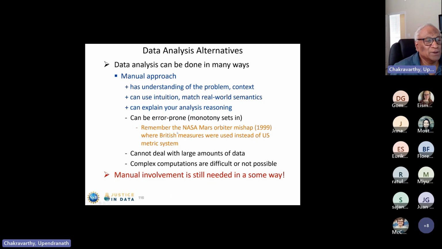Remember the NASA Mars orbiter mission, where British measures were used instead of the metric system, and the orbiter exploded. Humans cannot deal with large amounts of data, but they can understand small amounts of data in a different way. Complex computations are also difficult. So manual involvement is still needed in some way. You cannot completely throw it out.